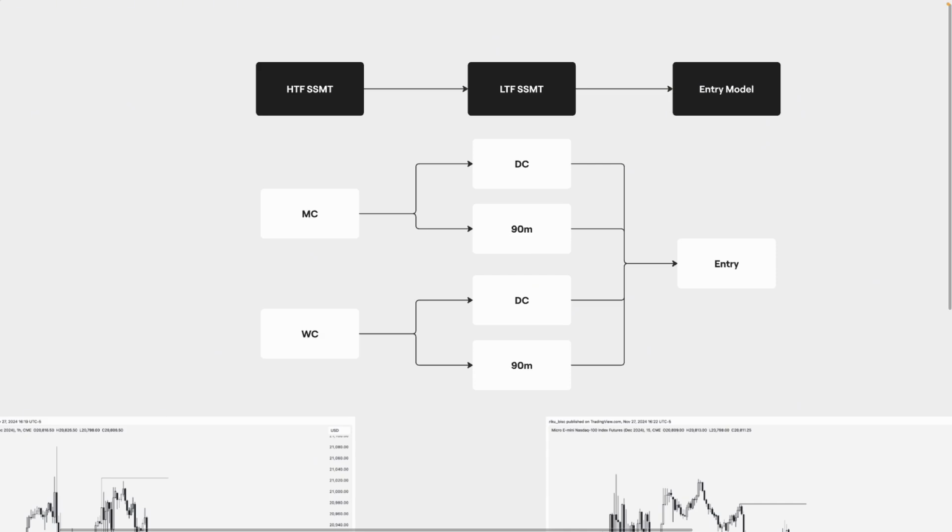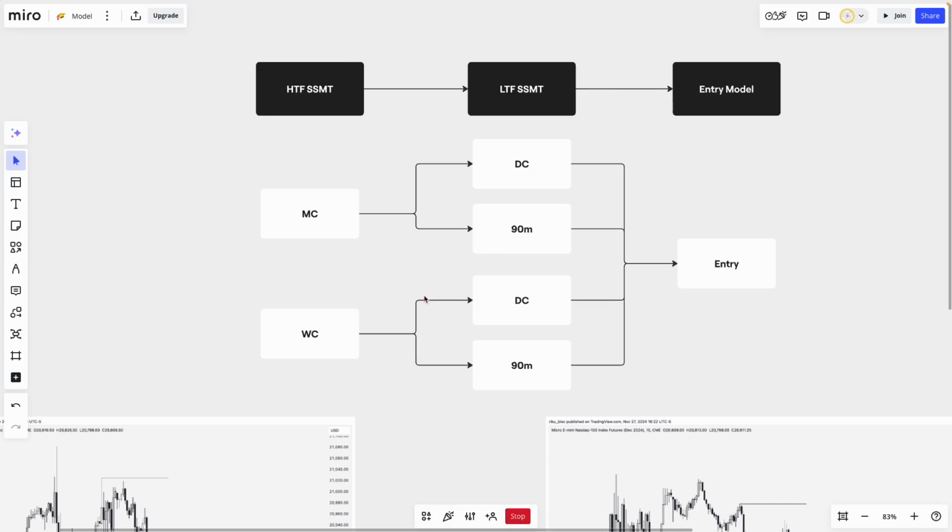It's completely up to you how you decide to enter. But the most important thing is that we have the higher time frame sequential SMT followed by the lower time frame sequential SMT. And we have at least one of these four combinations before looking to take a trade intraday.